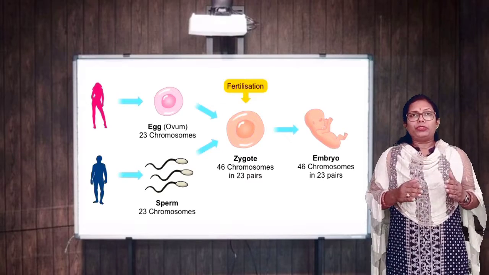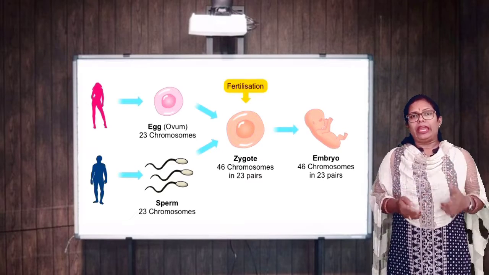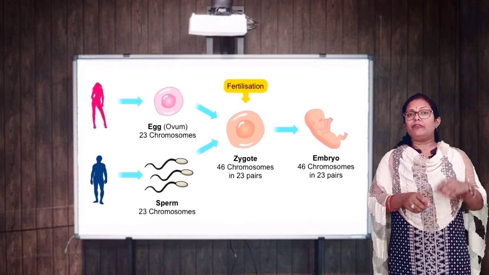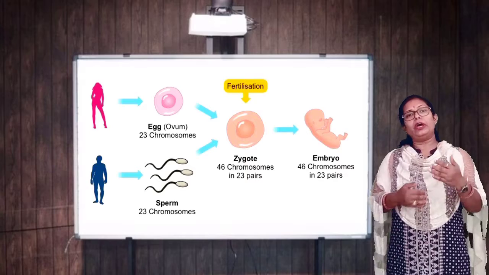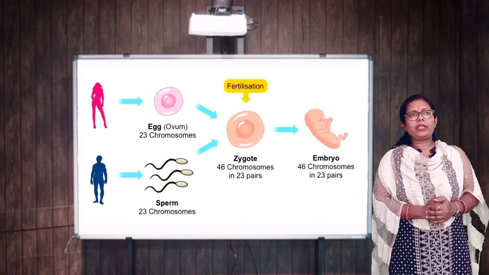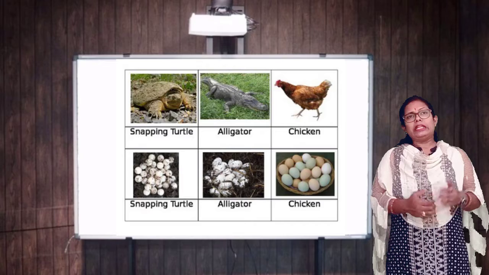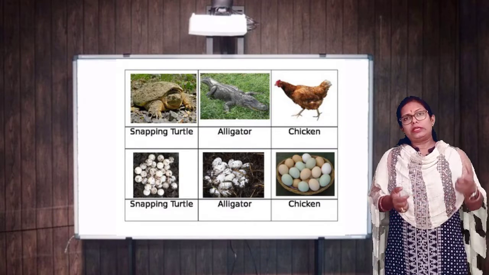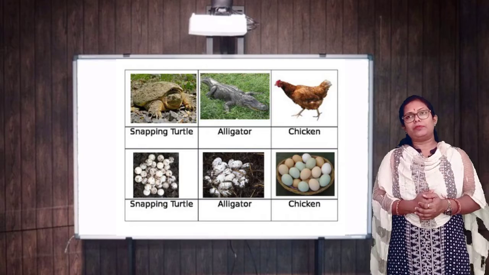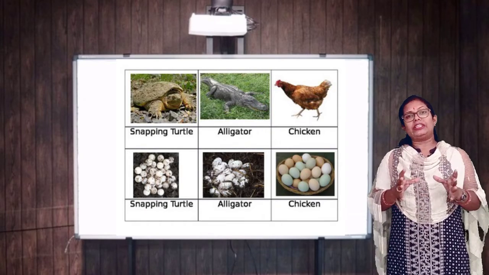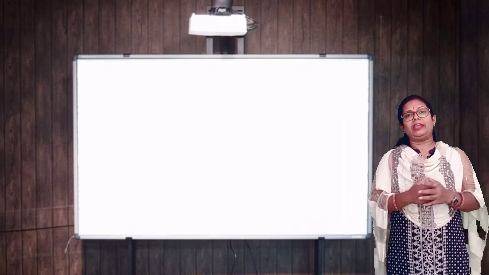Gametes are produced from male and female, and their union results in the formation of a zygote, and this zygote develops into a new individual. In some animals, the embryo grows outside the mother's body, in a hard-shelled structure known as an egg.